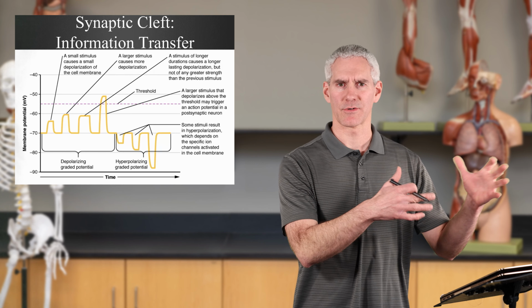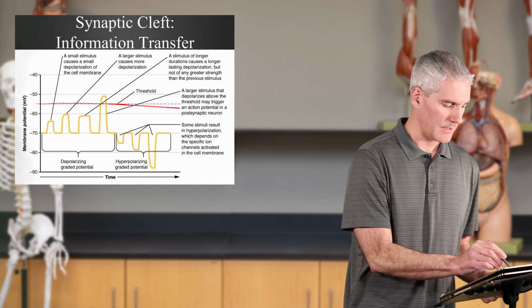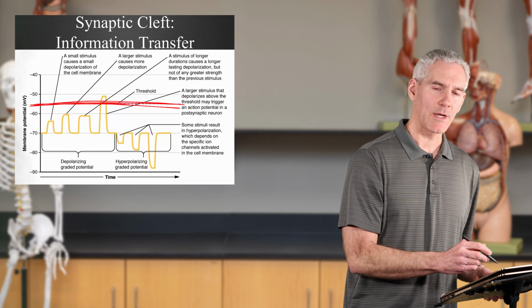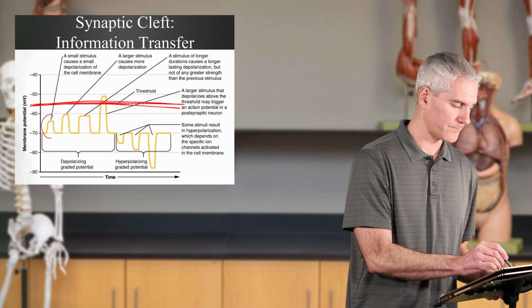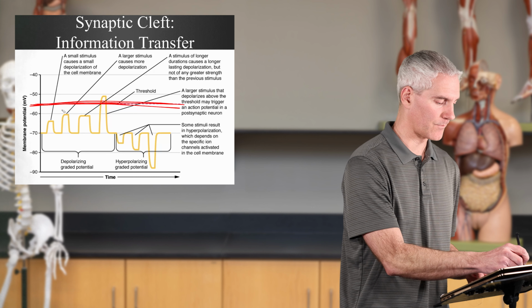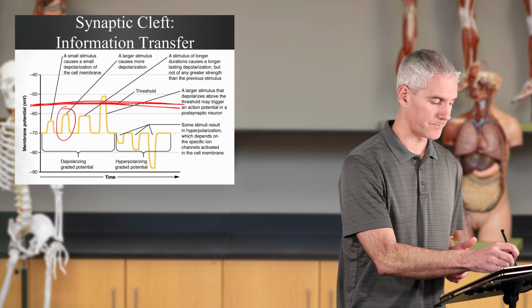Now, this might look a little crazy, but here's the point. Threshold is right here, negative 55. That threshold, you can notice this first signal, that graded potential wasn't strong enough. Didn't get there. The second one was stronger, but it still didn't get there.